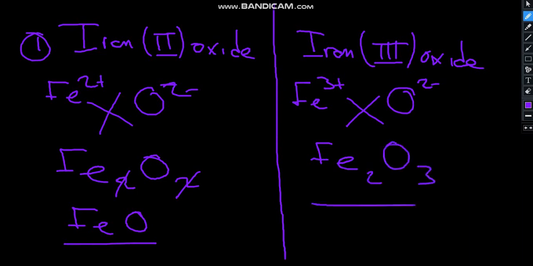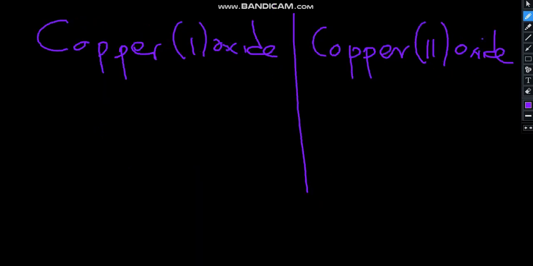So this is iron 3 oxide. So let's give some work which you can practice. At your own free time, you can try to write copper 1 oxide and copper 2 oxide. Then you'll see how interesting these are when you follow the laws we have just mentioned.